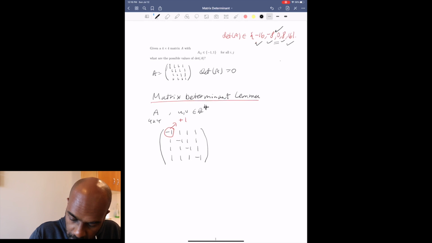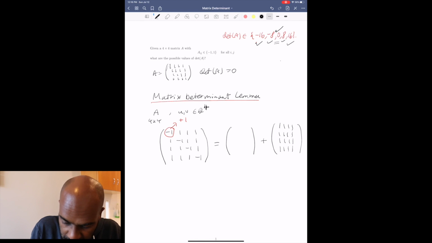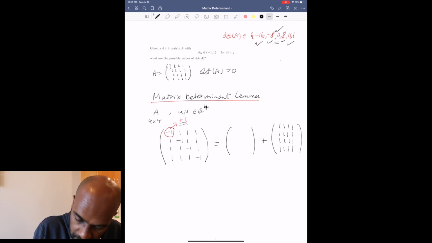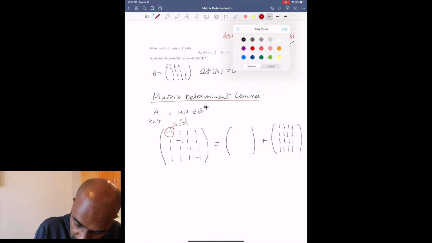Well, you can start with the same setup that we had in the matrix determinant lemma where you have 1s everywhere here. But if this entry here is a positive 1, then we'd have a 0 here instead of a negative 2 like we had last time. So we'd have a 0, negative 2, negative 2, negative 2.